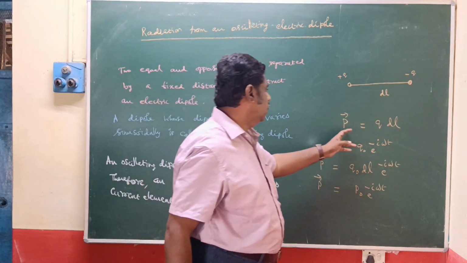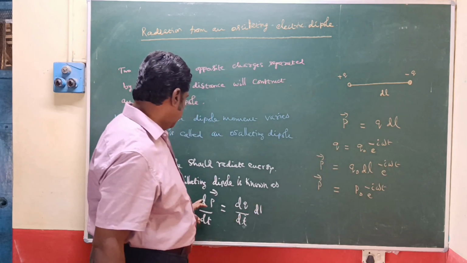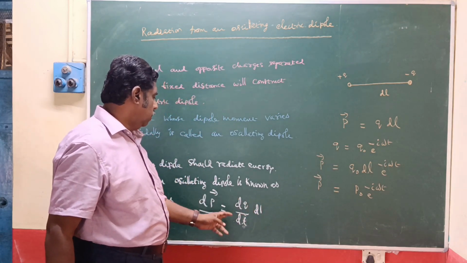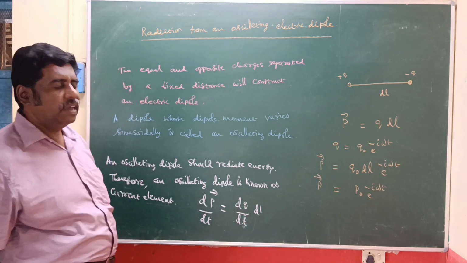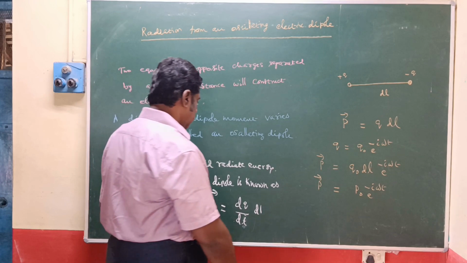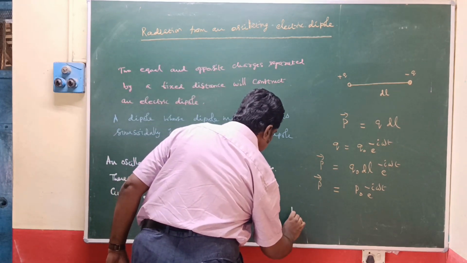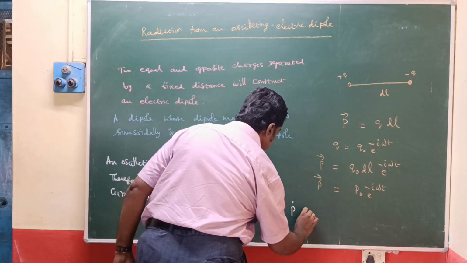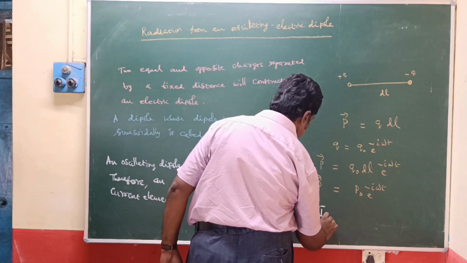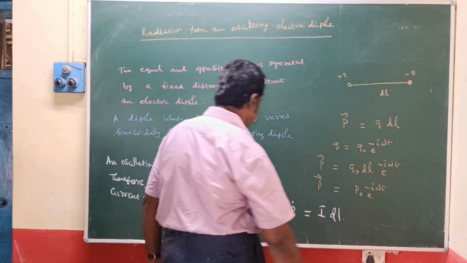Just we have differentiated this relation with respect to time. We know that dq/dt is our current, and dp/dt is our p dot. Therefore, we can write p dot equal to I times dl.